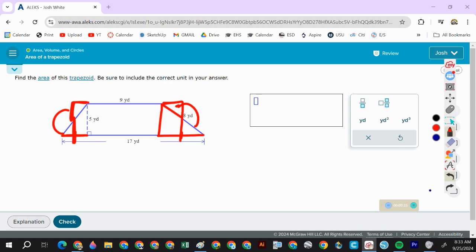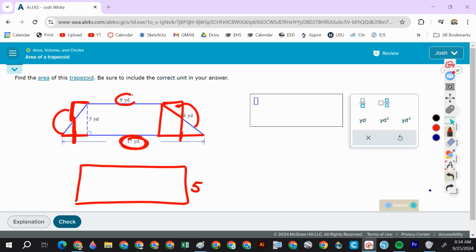So, how big is that new rectangle? Well, the height of the rectangle is easy. It's 5. But what about the length of the rectangle? It's going to be exactly between 17 and 9. So the original base was 17, and the original top was 9. And I cut off half of this one, and I cut off half of that one. So the new length is exactly between the 17 and the 9.